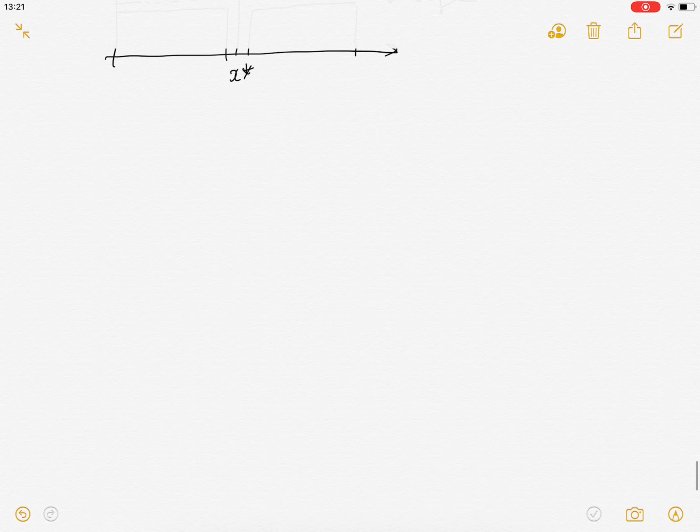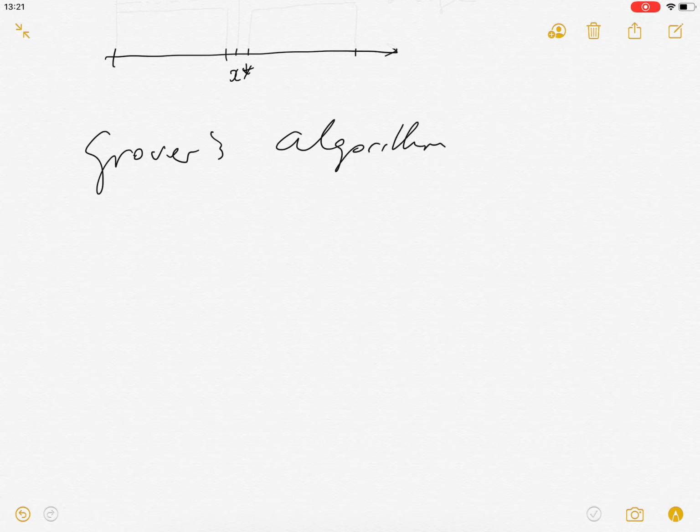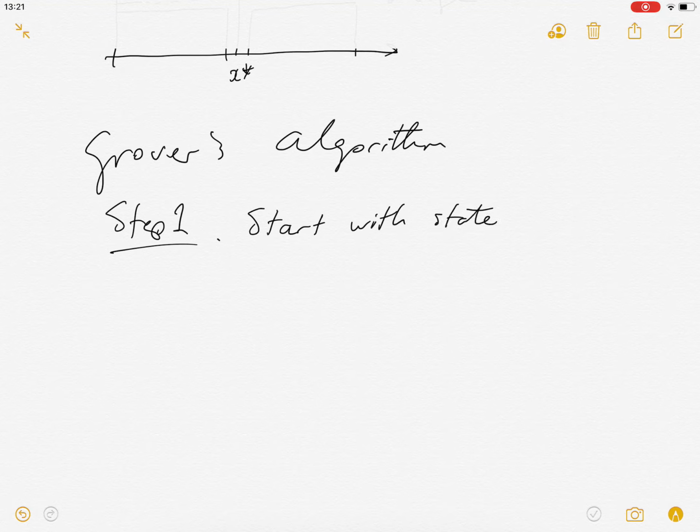If we write the entire algorithm, we can start with the state. So step 1 is to start with state all zeros.